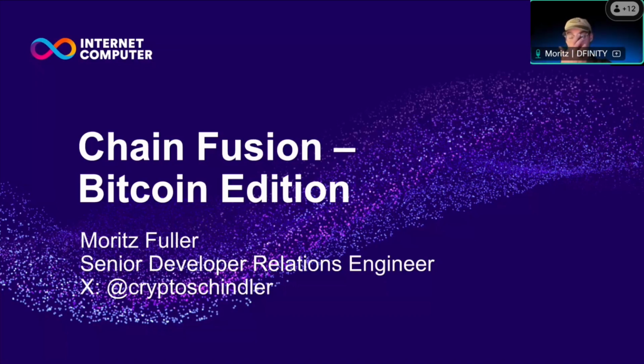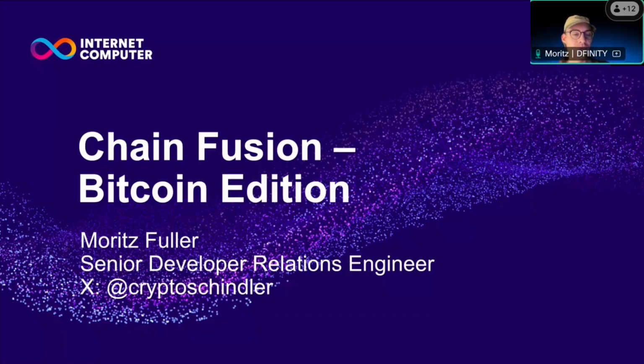And yeah, as we touched upon already, I want to talk about chain fusion today, which is a very unique set of technologies that the Internet Computer offers. And today in particular, I want to talk about the Chain Fusion Bitcoin edition.